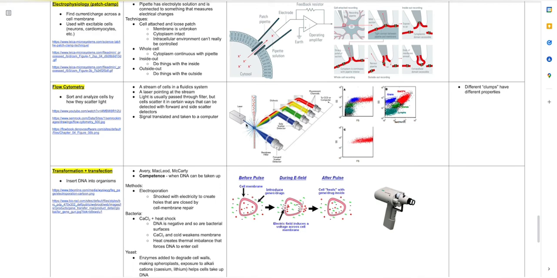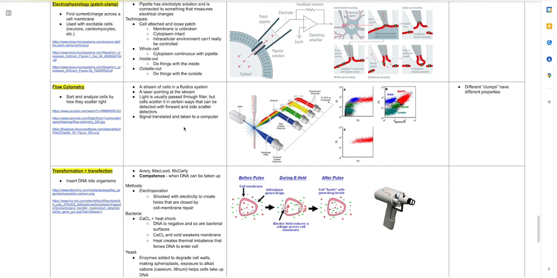Usually, if there was nothing passing by here, the laser would just hit the filter. But if there's something passing by, the light would scatter, and some of it would hit this detector, but it would also hit the side. So there's a side scatter detector here. These detectors take the signal and translate it, and take it to a computer.